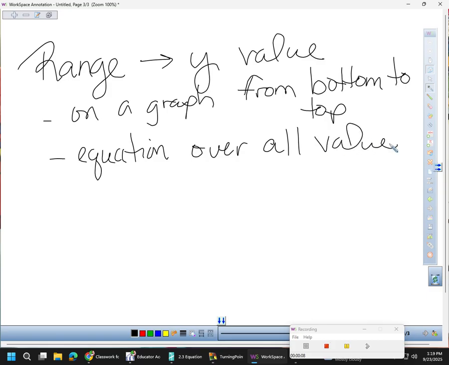All right, so for example, let's say I have a graph, and it's a parabola. If we're talking about the range, we always start from the bottom, and the first place that this parabola exists at is at -1. So this would start at -1 and go up forever to infinity.